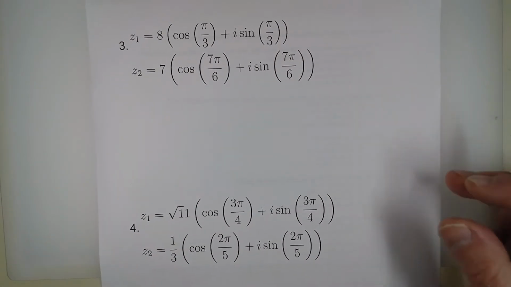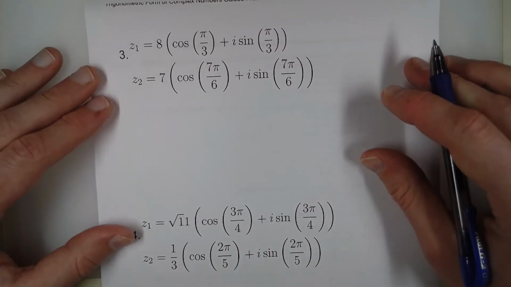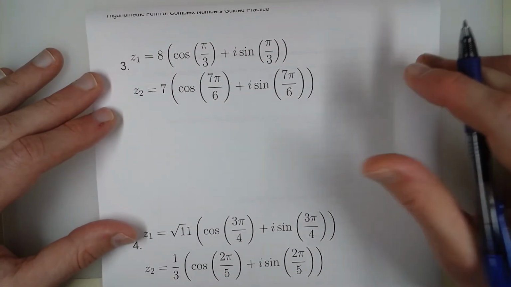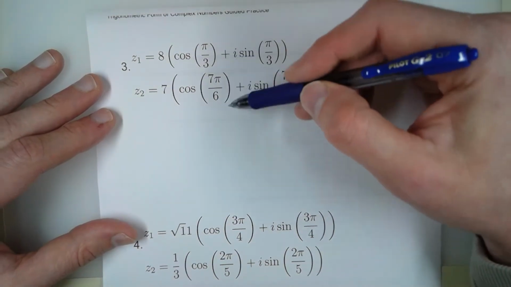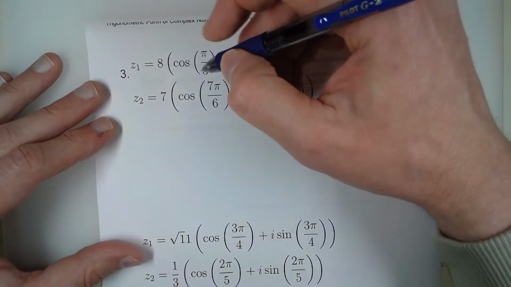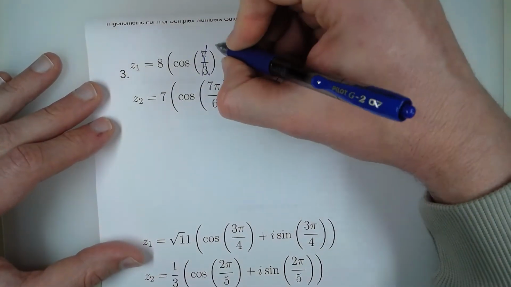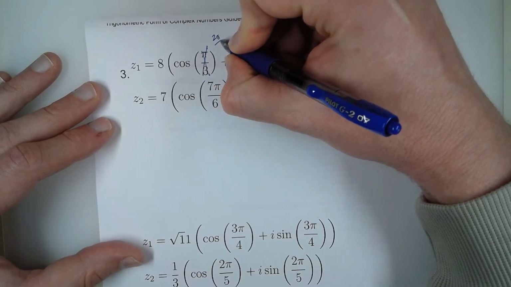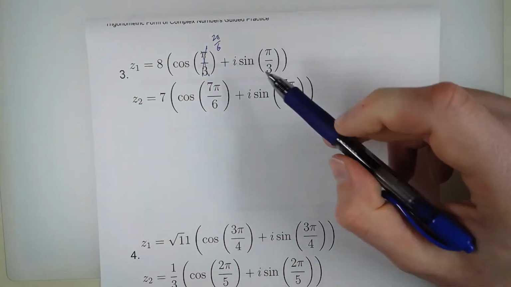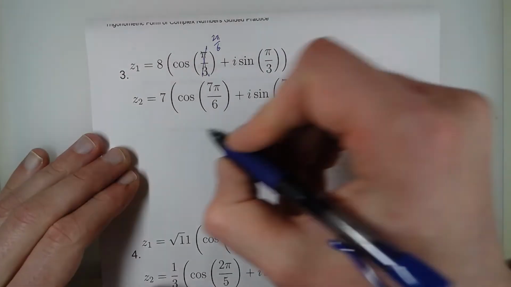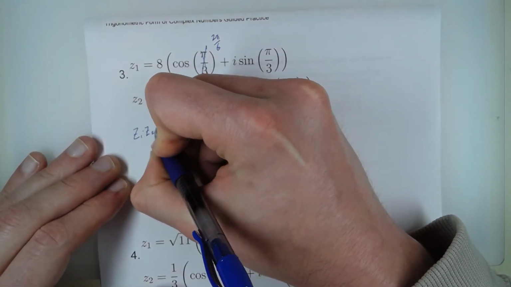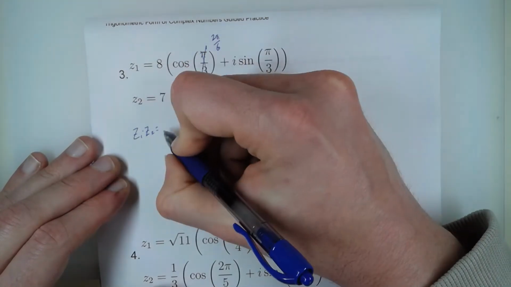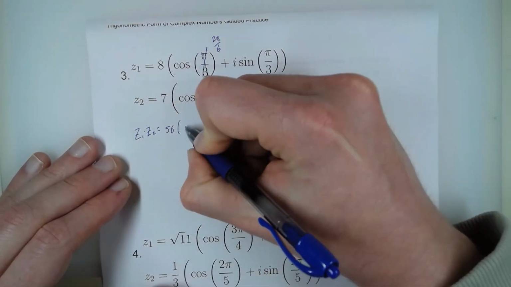Now on the next page, here we have these in radians, but it's still the same idea. We're going to multiply the magnitudes and we're going to add the angles. Now instead of pi over 3, I'm going to write this as 2 pi over 6. That's going to give me a common denominator so I can add those together. So 8 times 7 is 56.